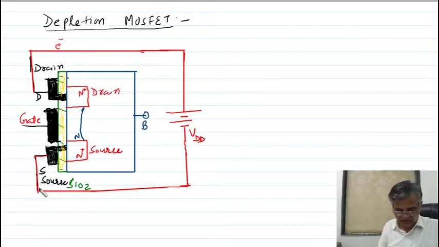Means when gate source voltage is 0, as you increase drain source voltage, current will start to flow in this way.